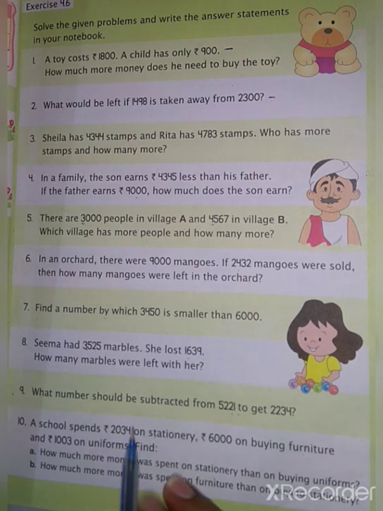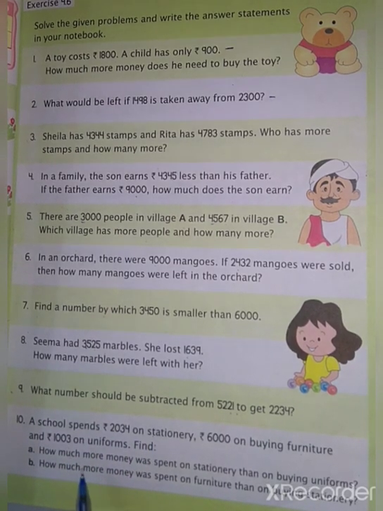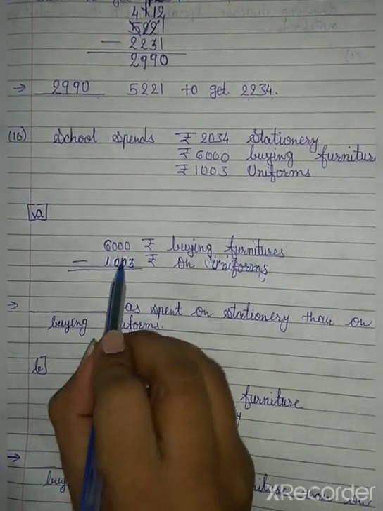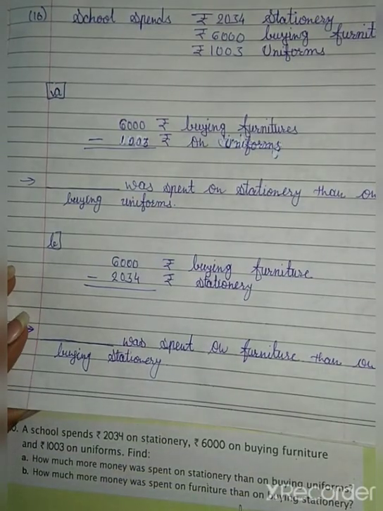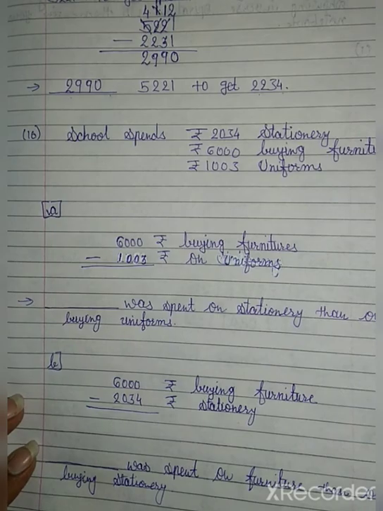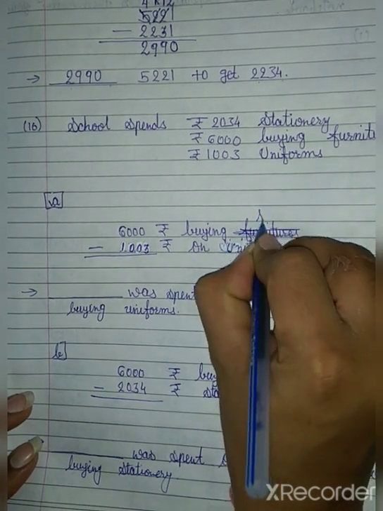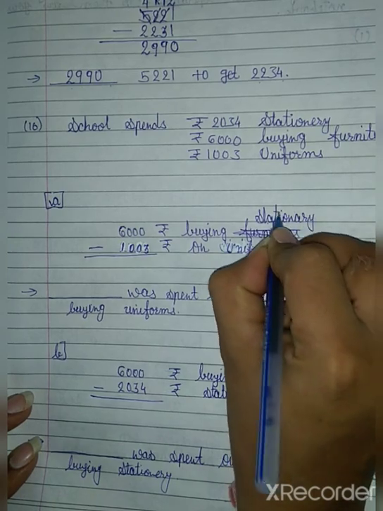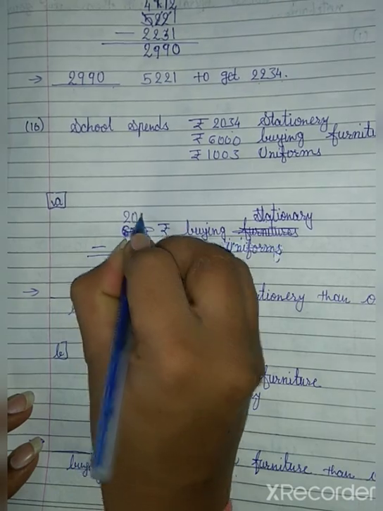So what we have to do? Stationery rupees minus uniform rupees. At that time we have to get... So we can see here 6000 rupees on buying furniture. Sorry, not buying furniture, buying stationery. For buying stationery, the money is how much? 2034.